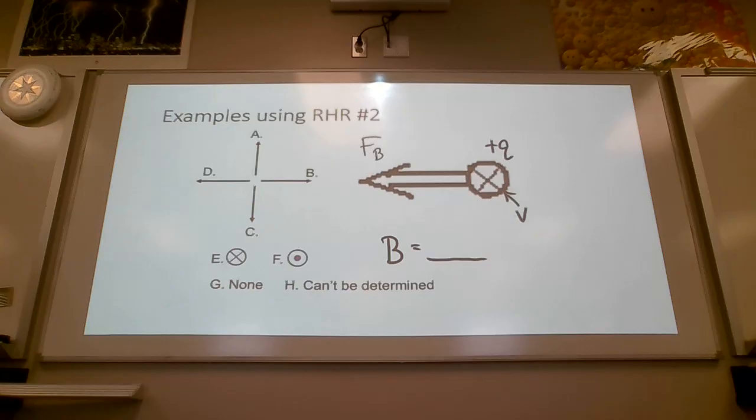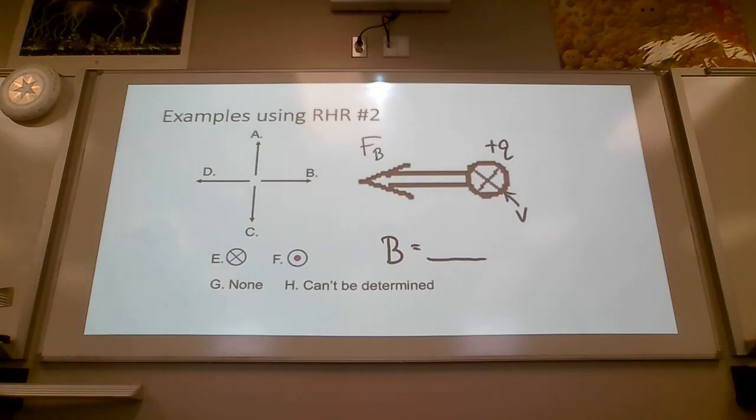So which way is the magnetic field going? Okay. To do these successfully, you need to lock in, you need to commit, you need to constrain one thing.